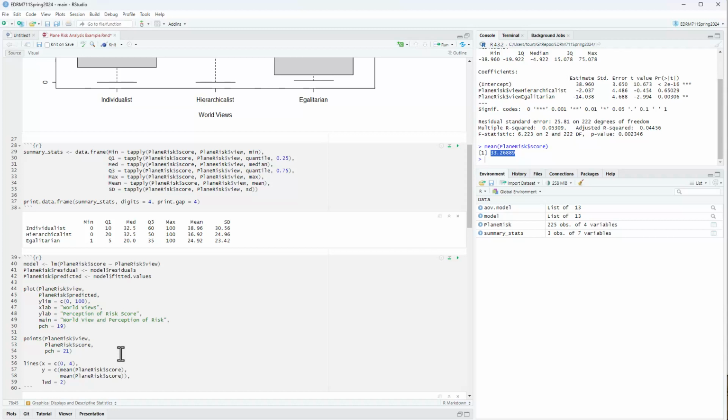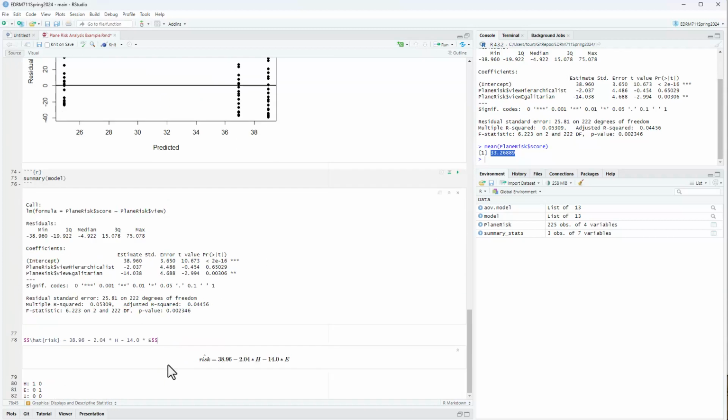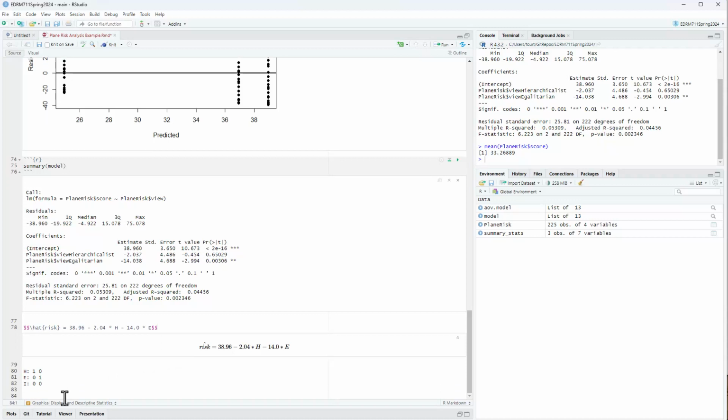So we start with the sums of squares total, which is equal to the difference between the observed minus the grand mean, and then of course we sum up the squares of those things.